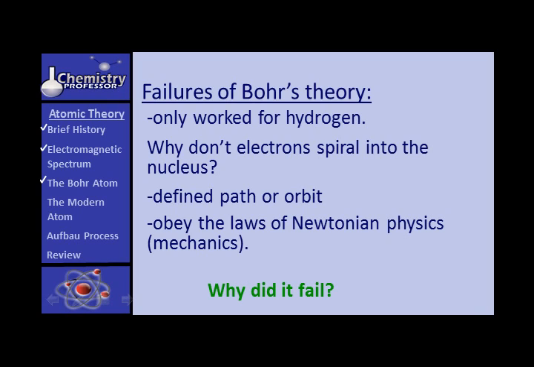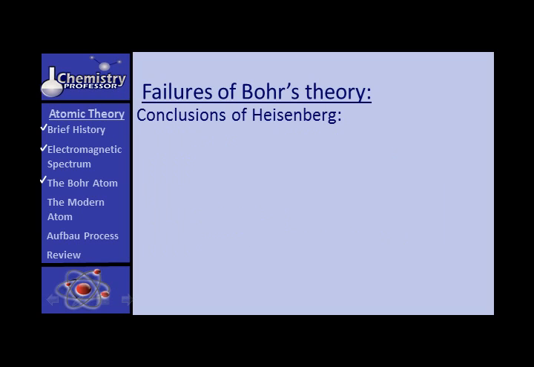Okay, so why did it fail? Well, let's look at the conclusions of Heisenberg and the research that he was doing. Maybe that will explain it. Heisenberg produced what is an uncertainty principle.